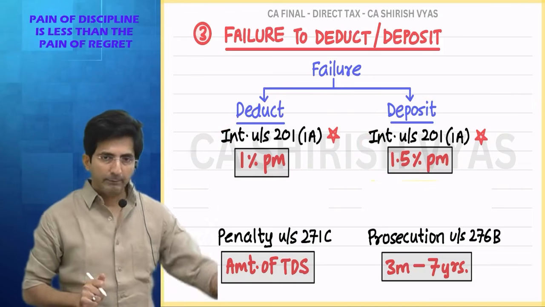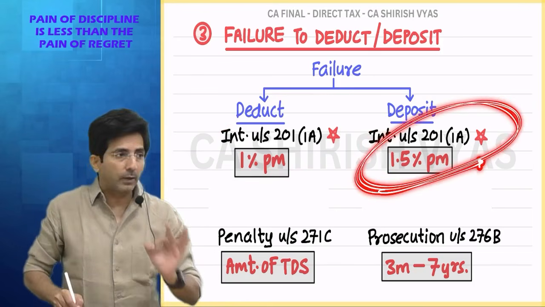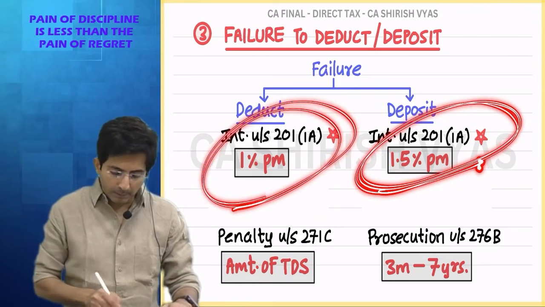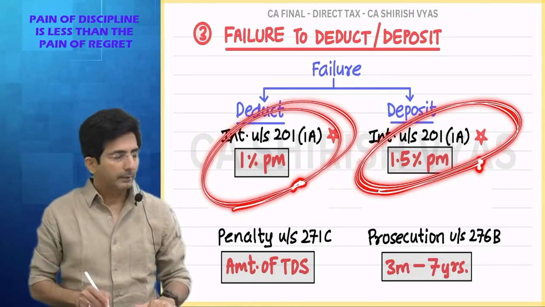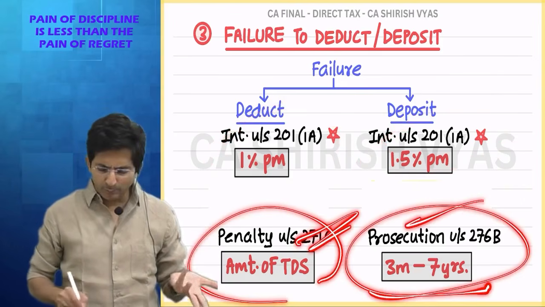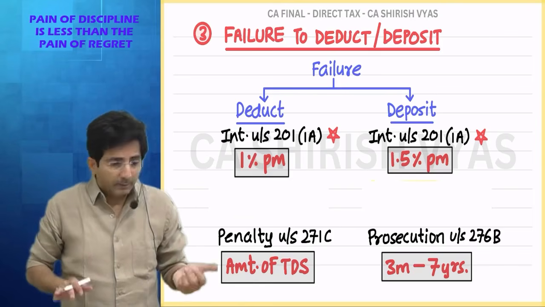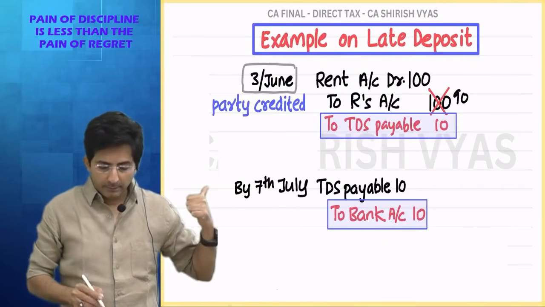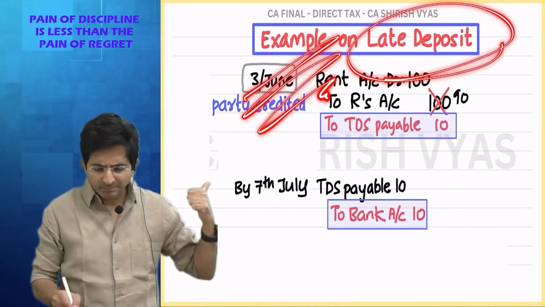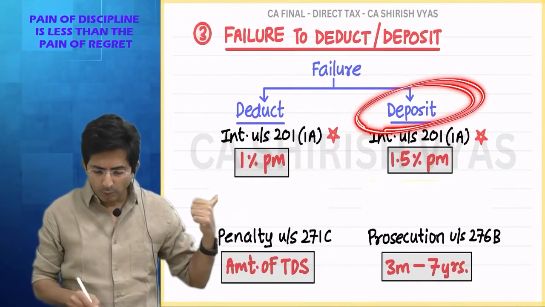So I'll do one thing. I will take two examples now. One example to explain 1.5% working. Then one more example to explain 1% working. See, penalty and prosecution explanation is done. Here I don't have to explain further. But interest calculation I have to explain. So see, I have kept two examples ready. One example is on late deposit, means fault in deposit.